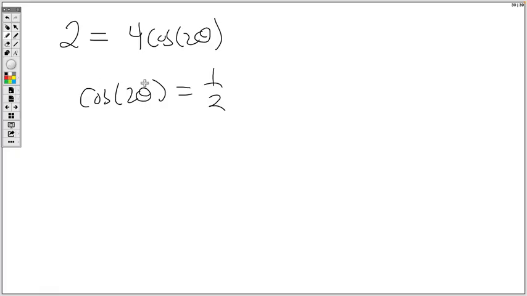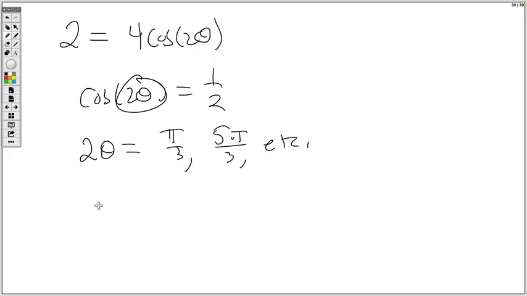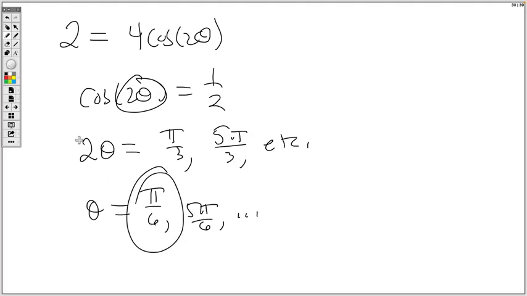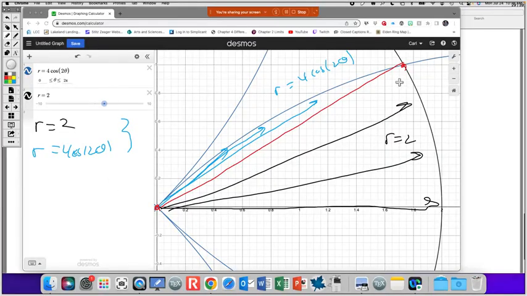Well, just cover this up. Where is the cosine of something a half? Pi over 3, 5 pi over 3, etc. So what would theta be? Does that look good here or not, folks? That's the winner. Here's our theta.